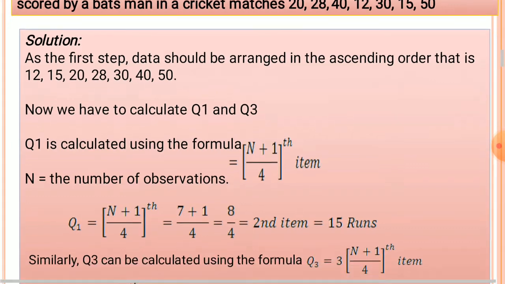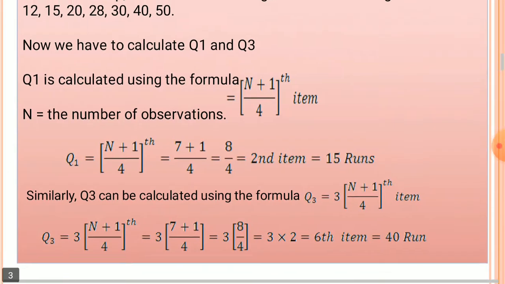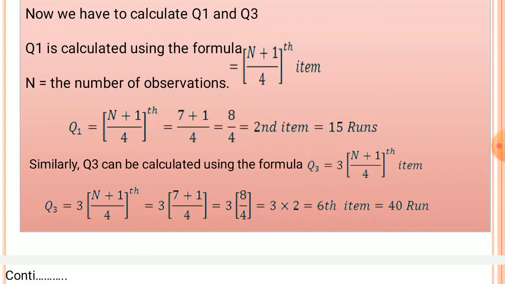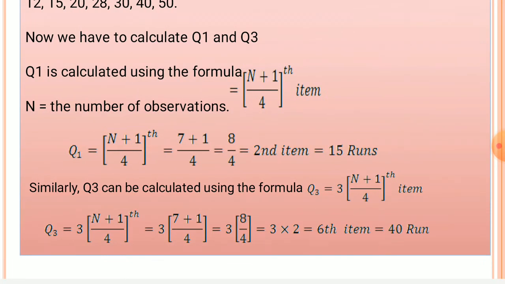Here 7 items are given in the series. 7 plus 1 is 8, by 4, which is 2. Therefore, the second item in the series is 15 runs. Therefore, the value of Q1 is equal to 15 runs.